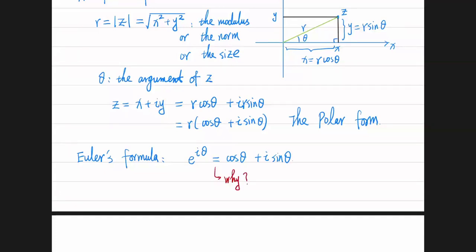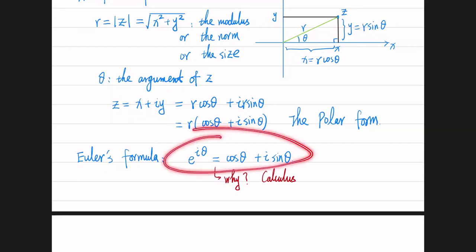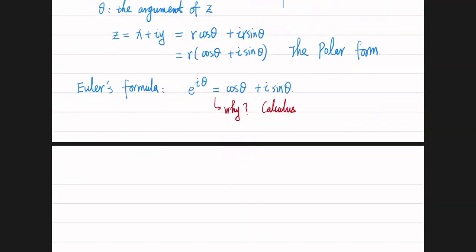We have to wait until you go to college and learn calculus, then you will learn why this is true. So for now, we will take this for granted. We will use this formula. With Euler's formula, we can rewrite our polar form and make it more compact.